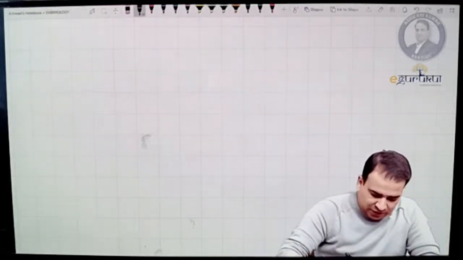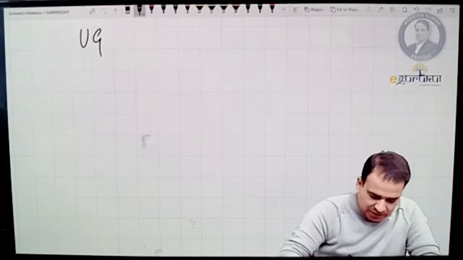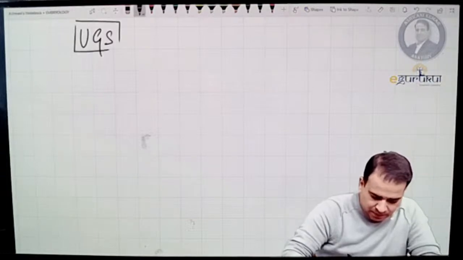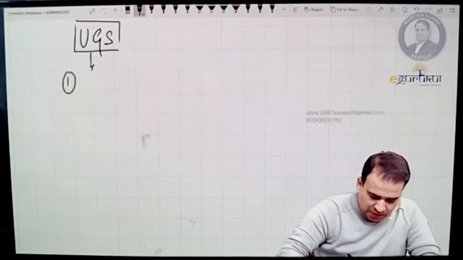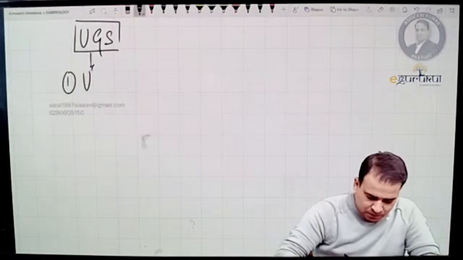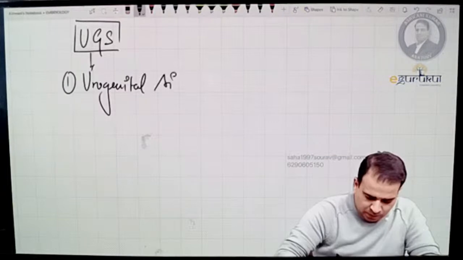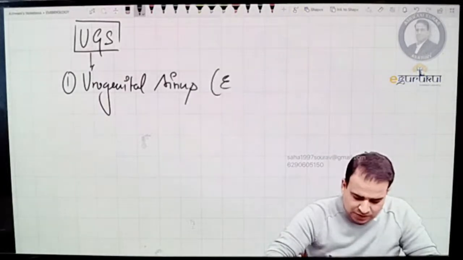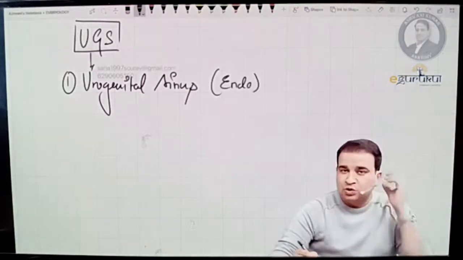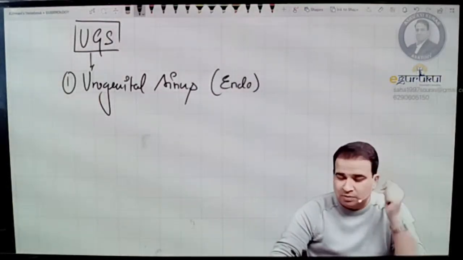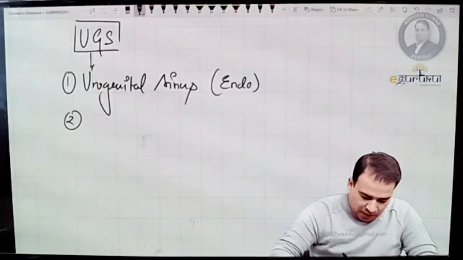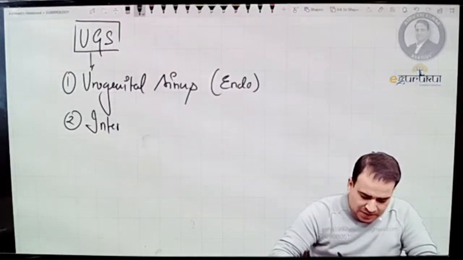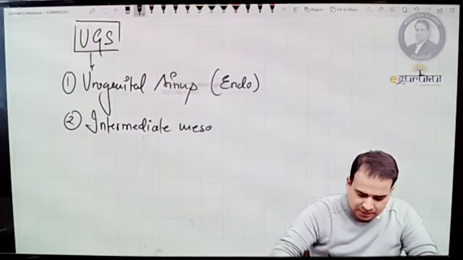So for the development of the urogenital system, one thing we need is the urogenital sinus. Obviously it is endodermal. The urogenital sinus was a part of the hindgut, so it is endodermal. And another thing that we need here is the intermediate mesoderm.